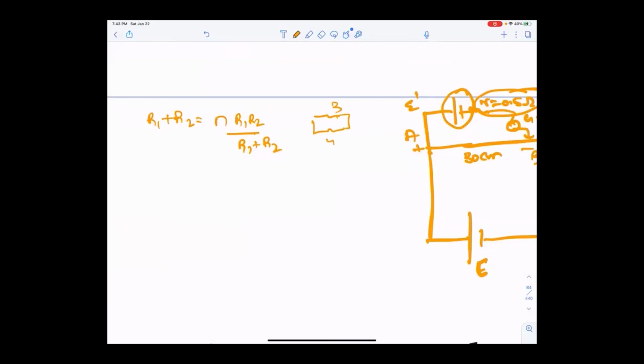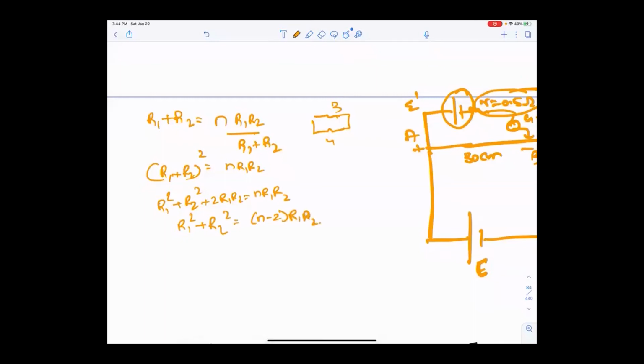When you differentiate, we get them as equal. R1, R2 both are variables here. So R1 plus R2 whole square is equal to N times R1 R2. So R1 square plus R2 square plus 2 R1 R2 is N times R1 R2. R1 square plus R2 square is N minus 2 times R1 R2.